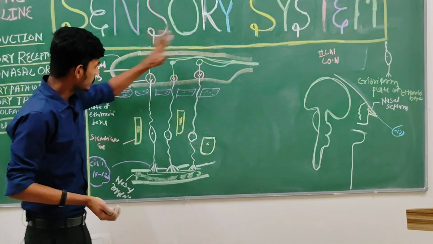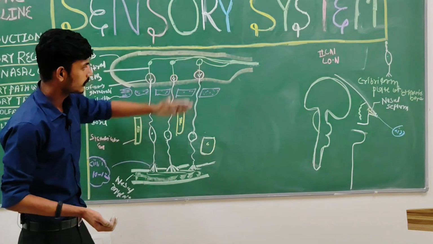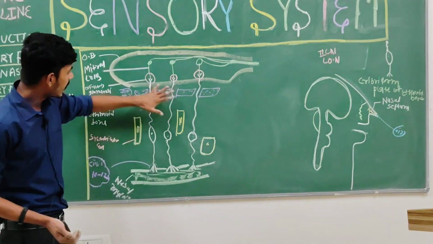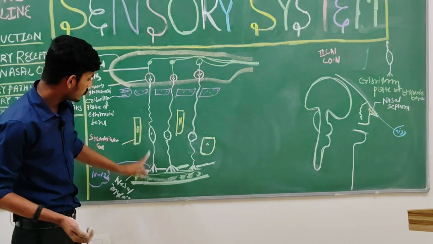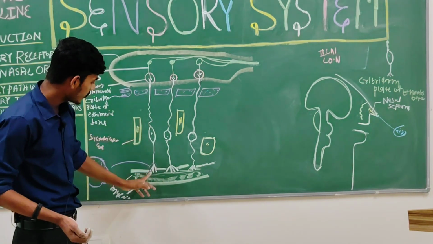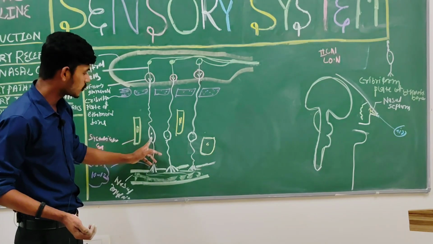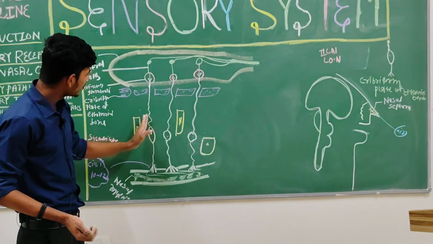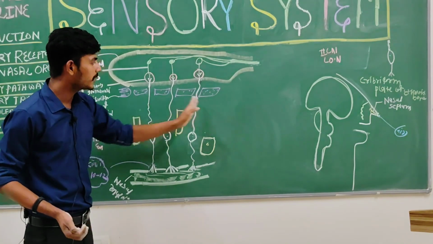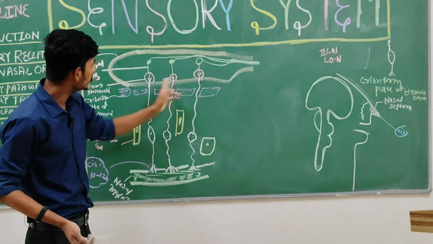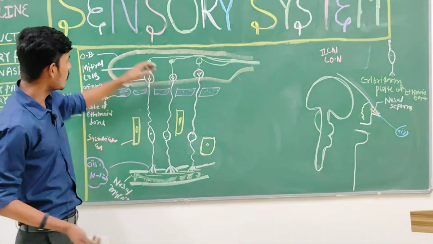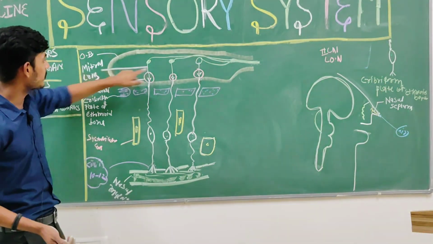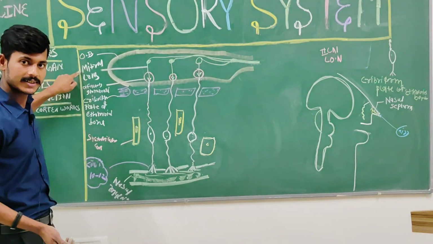So this is the cut section of your nasal cavity, and you are seeing that the nasal mucosa has the cilia, and these cilia go to the cell body, and their dendritic parts pierce the cribriform plate of the ethmoid bone and reach the olfactory bulb. Olfactory bulbs have the mitral cells, understanding?